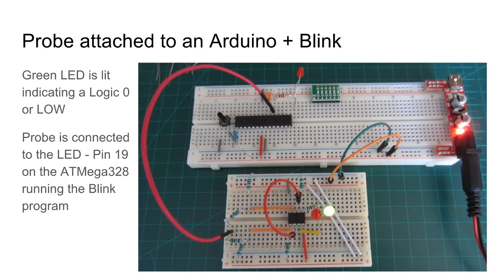The TTL level is low, and you can see that the power of the logic probe is hooked directly into the Arduino power supply. So they run at the same voltage.